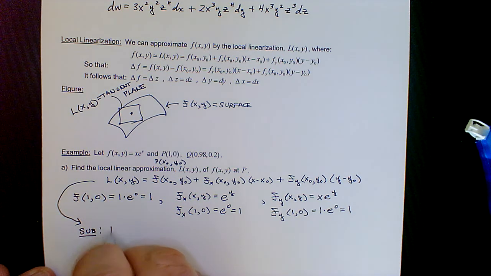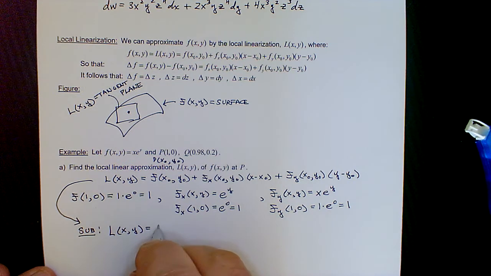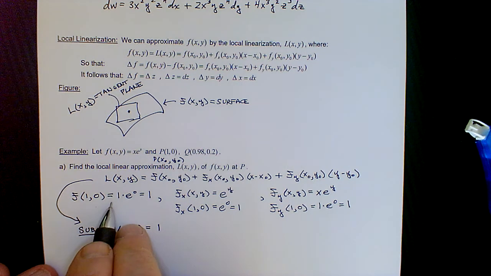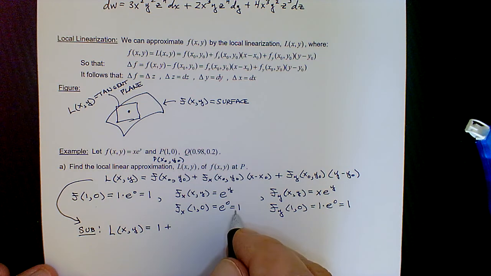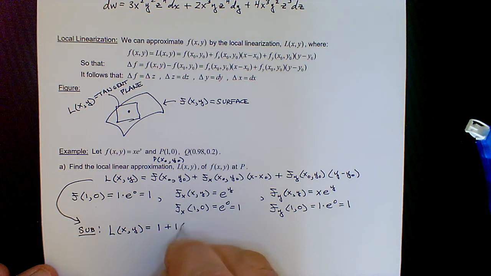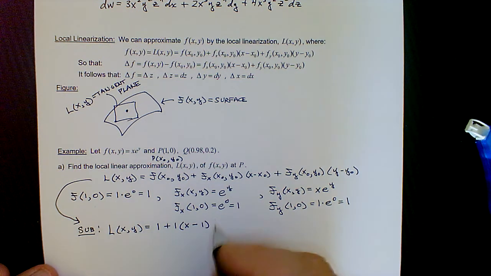So L of xy is the value of the function, f of 1, 0, which is 1, plus f sub x, which was 1, times x minus x sub 0, which was 1, because this is the point 1, 0.